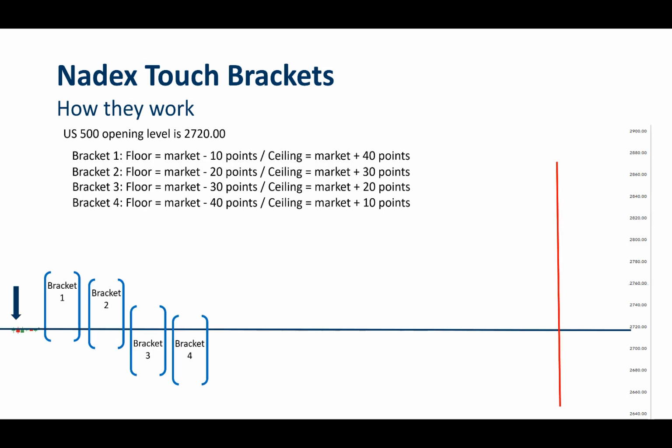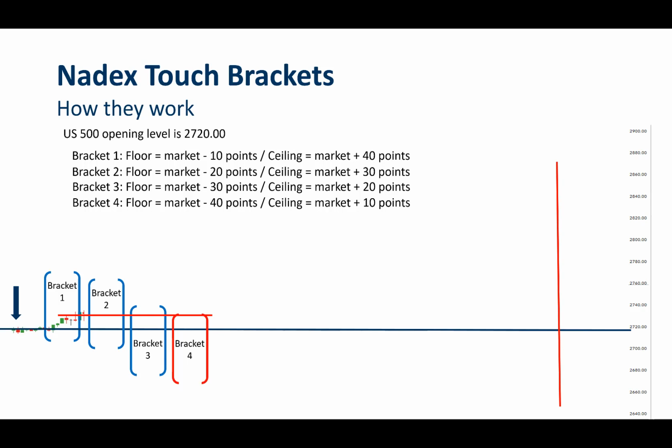So we saw this structure in our previous module where we have 4 brackets created, all with various floor to ceiling ranges with their own unique offset to the market. As the market moves, as we can see here, it goes up. It moved up to the ceiling of bracket number 4. So bracket number 4, as we can see, is then knocked out.